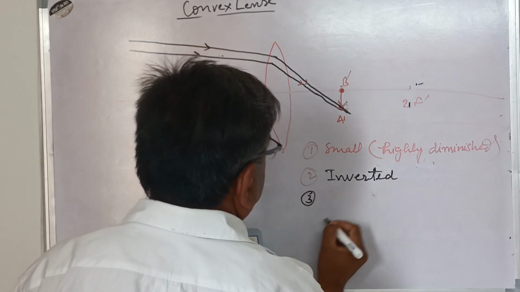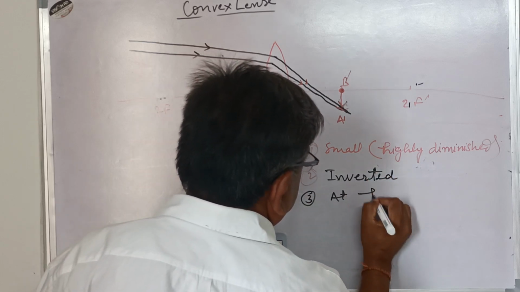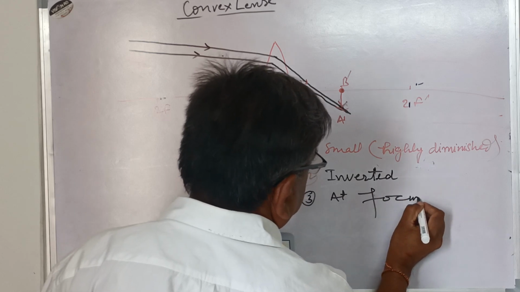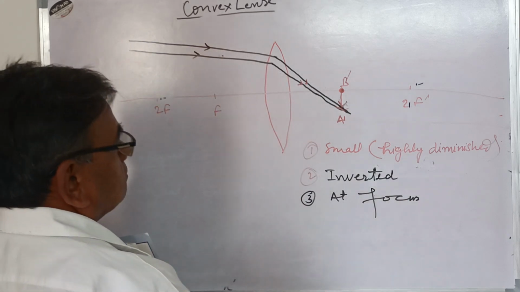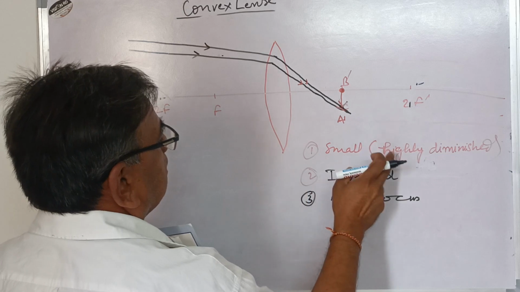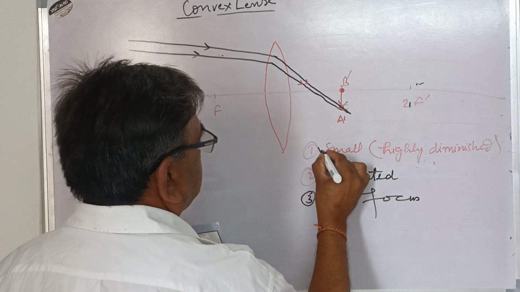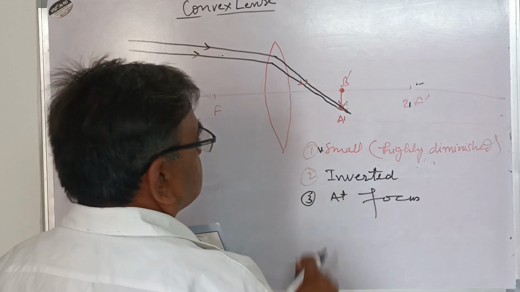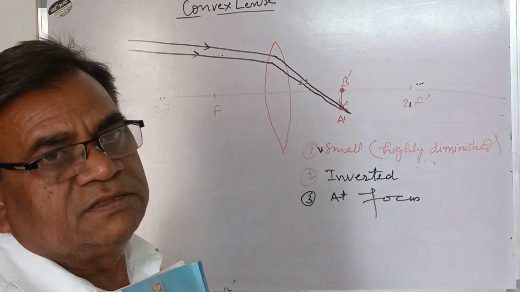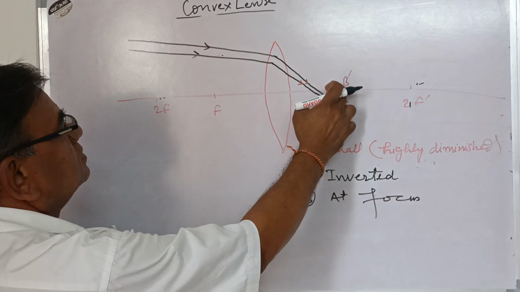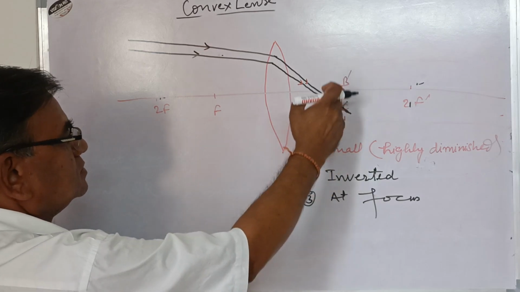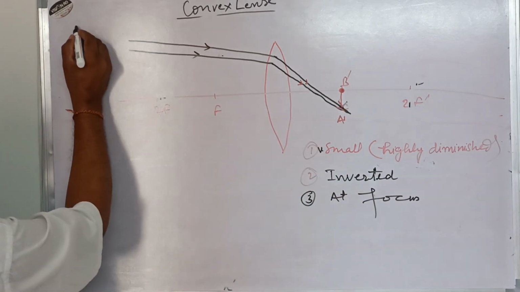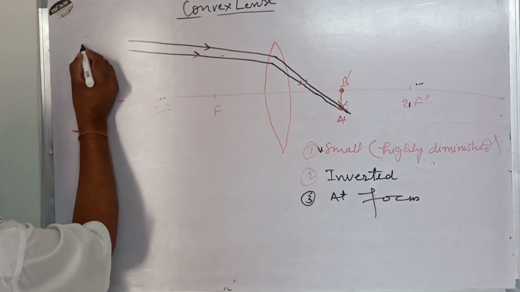Number three, at focus. Very small, highly diminished, inverted, at focus. If the object is at infinity, the image will come directly to the focus here. But otherwise, the image may be here.